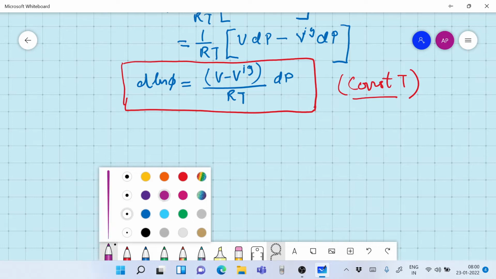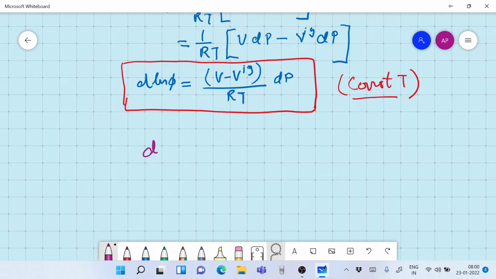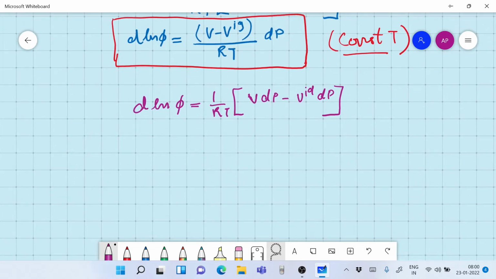Now what we have is, we'll choose a different color. So we have d ln of phi is equal to 1 over RT, V dP minus V ideal gas dP. Writing V explicitly in terms of pressure and temperature is not possible for a cubic equation of state like the Redlich Kwong equation of state that we have been given.